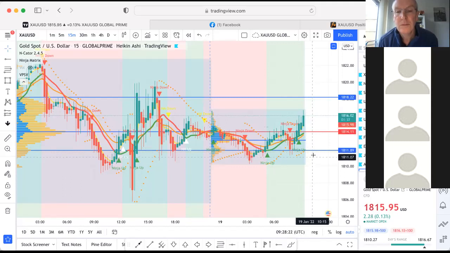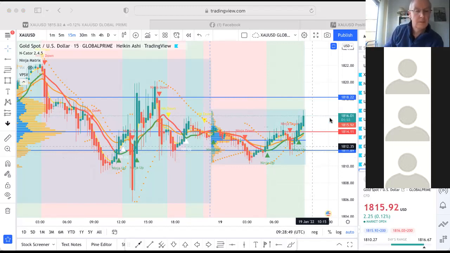As far as stop loss is concerned, if you wanted to be safe, you could set your stop loss just slightly below the PSAR. If you wanted a tighter stop loss, you would go maybe to the bottom of that candle there.